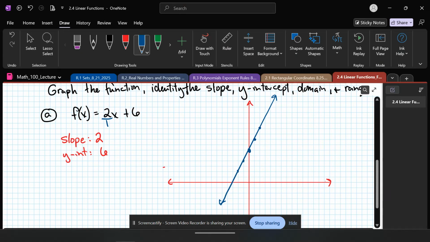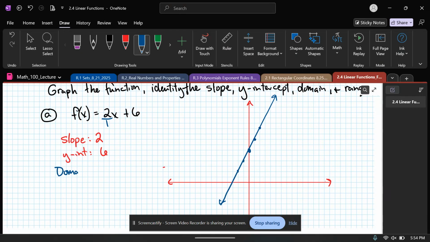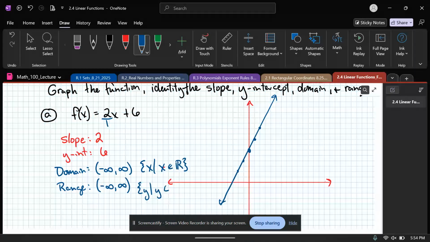Domain and range. Since we were in slope-intercept form, domain is all real numbers, and range, all real numbers. If you wrote it in set notation, or the words all real numbers, all of those mean the same thing.